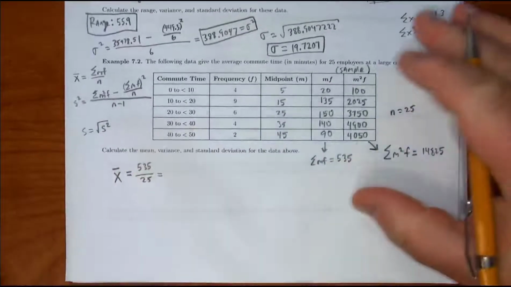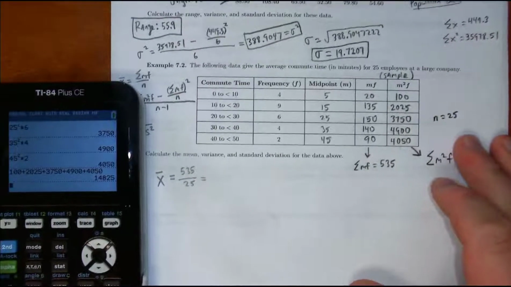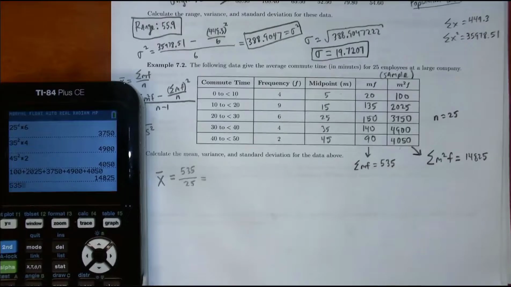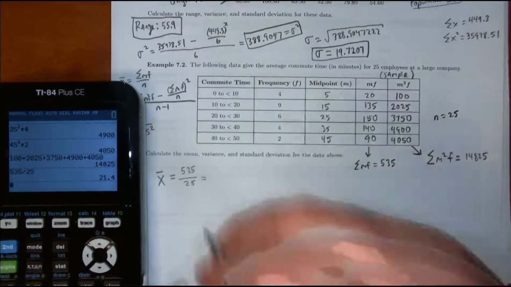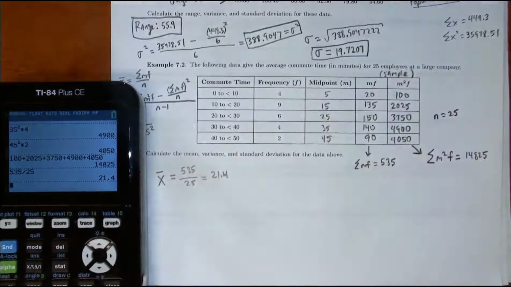And then we just use a calculator. 535 over 25, 21.4. So that's the average commute time of that grouped data set, 21.4 minutes.